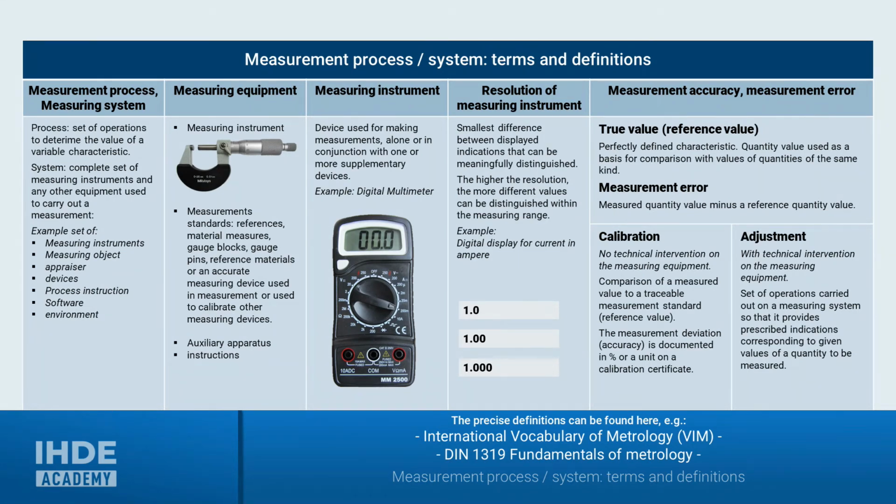The measurement deviation, also accuracy, is documented in percent or a unit on a calibration certificate. When adjusting, on the other hand, there is an intervention on the measuring equipment. Adjusting is a set of operations carried out on a measuring system so that it provides prescribed indications corresponding to given values of a quantity to be measured.